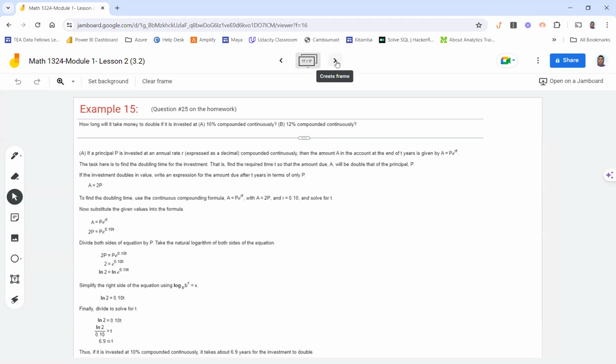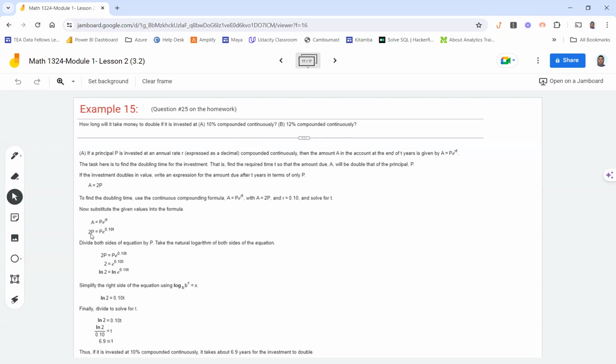So this is the last question we need to go over on this homework, which is your last problem. How long is it going to take to double your money if you choose 10% compounded continuously, or part B, 12% compounded continuously? Doubling the money means your final amount will be 2 times your P value.